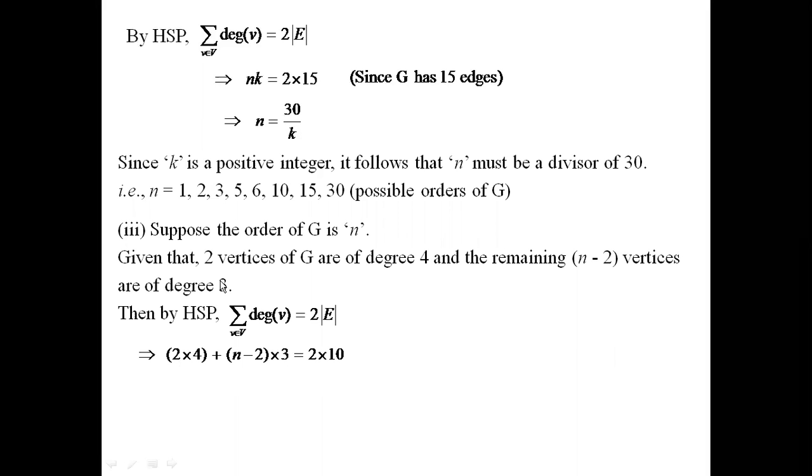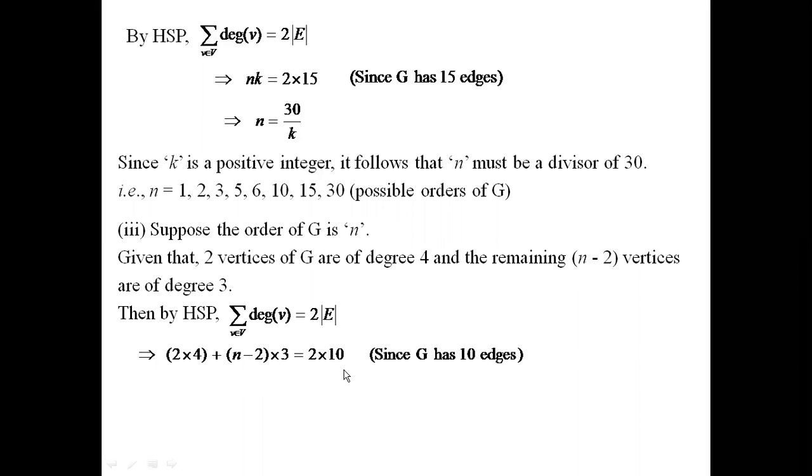That is, there are two vertices of degree 4, so that is the reason for 2 into 4, vertices multiplied by its degree, plus the remaining n minus 2 vertices whose degree is 3, so vertices multiplied by its degree. That is why we obtain n minus 2 into 3 equal to twice the number of edges. The number of edges in the graph is given to be 10. So that is why 2 into 10.